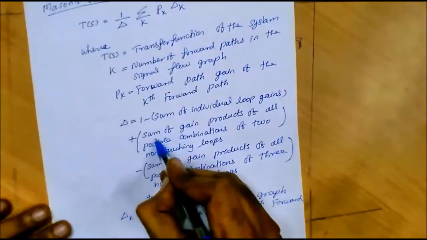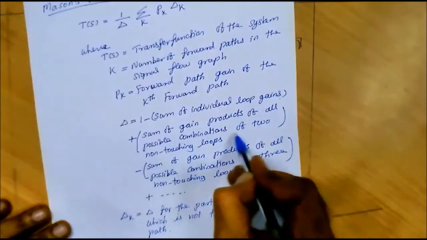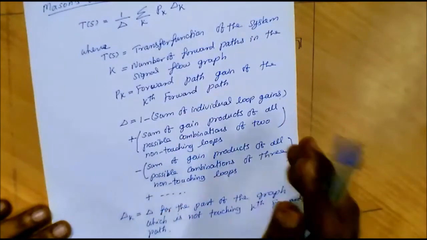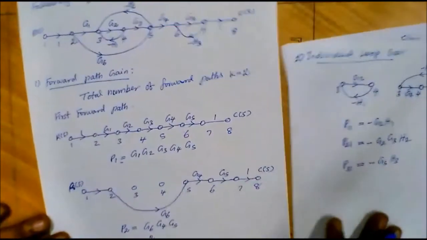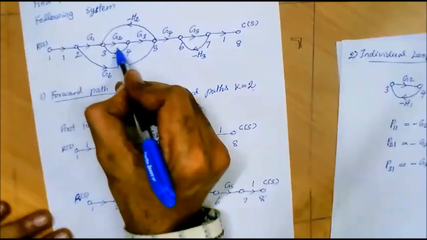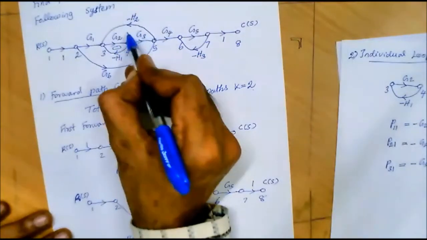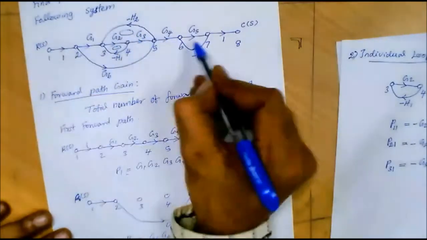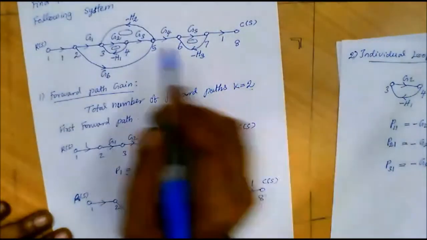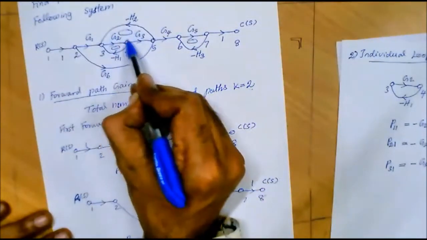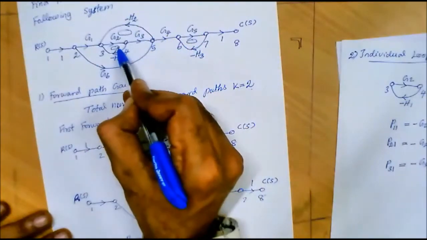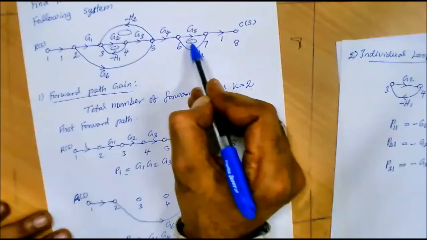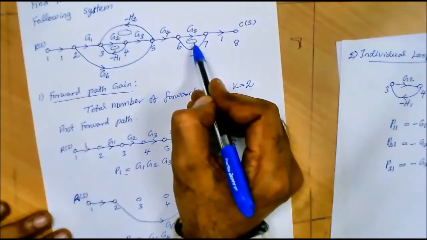Now based on the formula, we have to find the sum of gain products of all possible combinations of 2 non-touching loops. If we consider this signal flow graph, we have taken this as one loop, this is another loop and this is the third loop. This loop and this loop form one non-touching combination, and this loop and this loop form another non-touching combination.